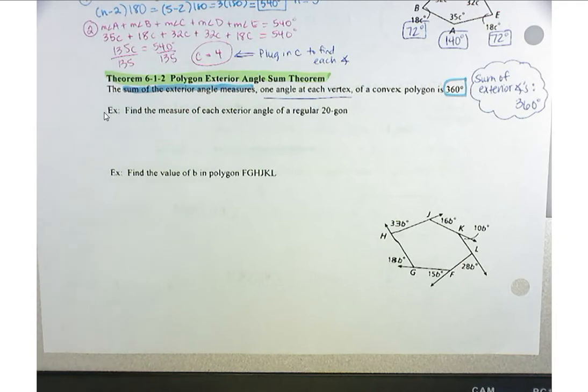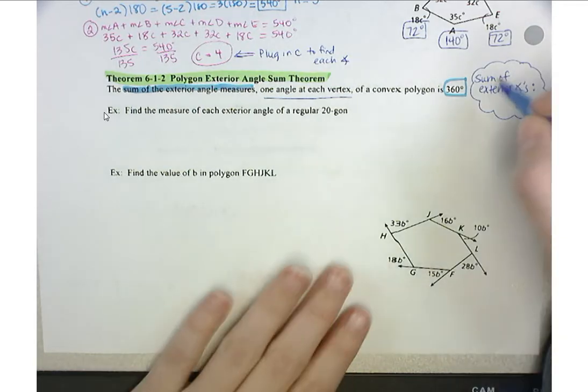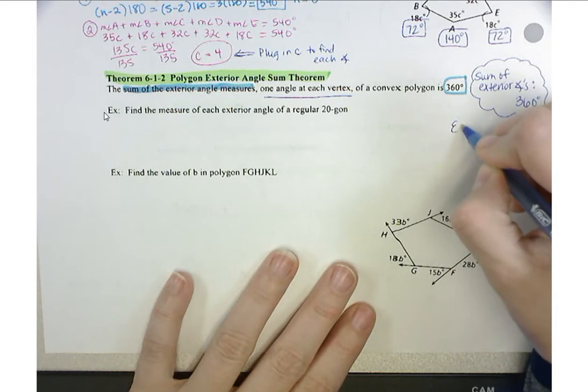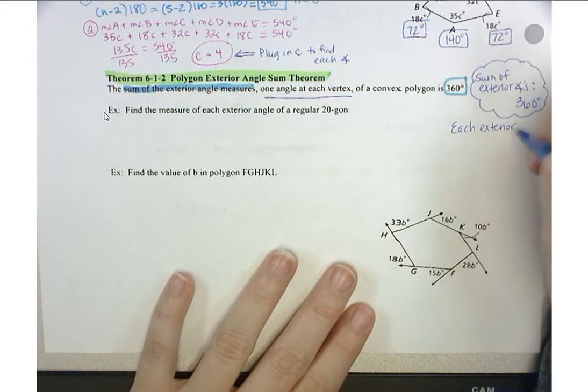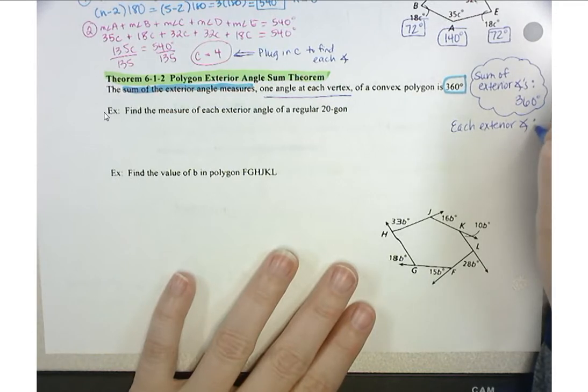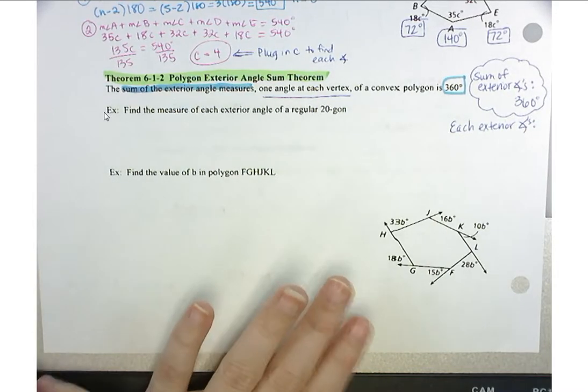Okay, so in a similar way to how we found each interior angle, if I wanted to find each exterior angle, you know how I do it? What would I do?